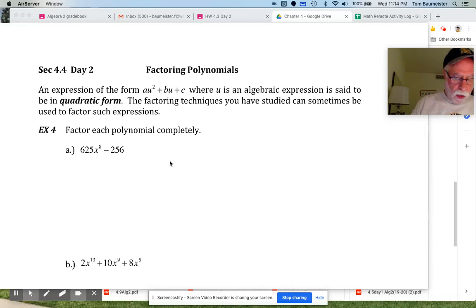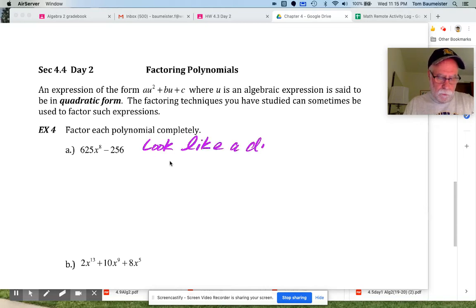So example 4, factor each polynomial completely. The first one is 625x to the 8th minus 256. So my question to you, does it look like a difference of two squares?